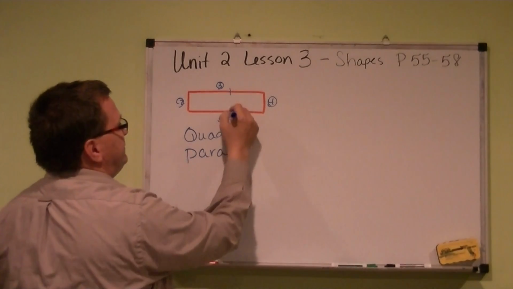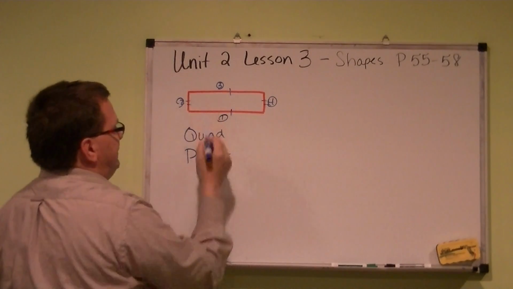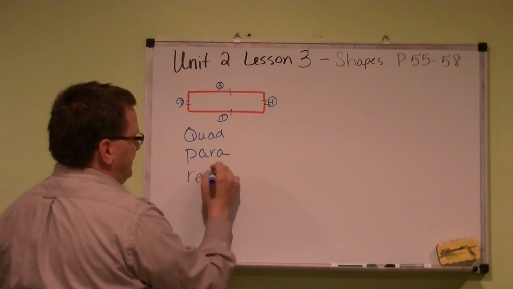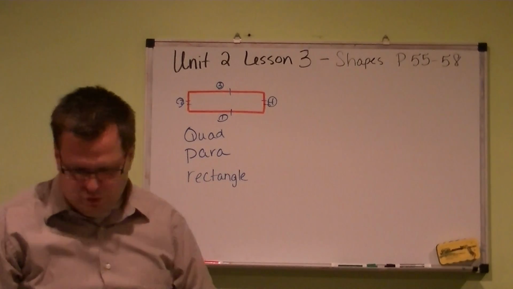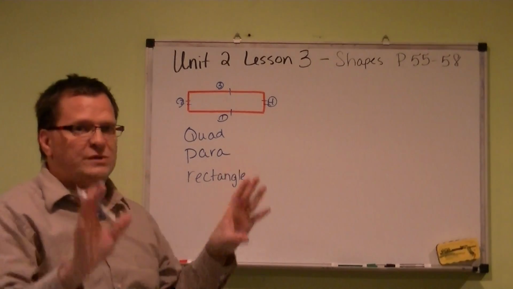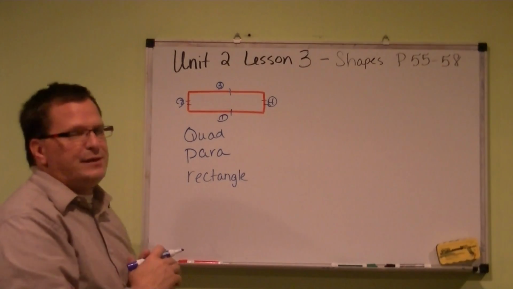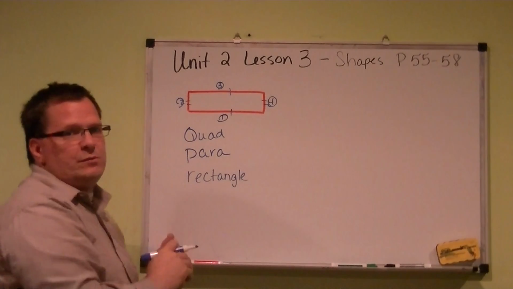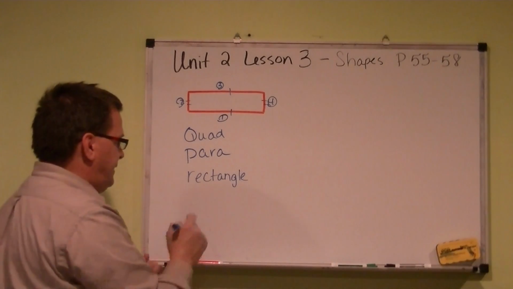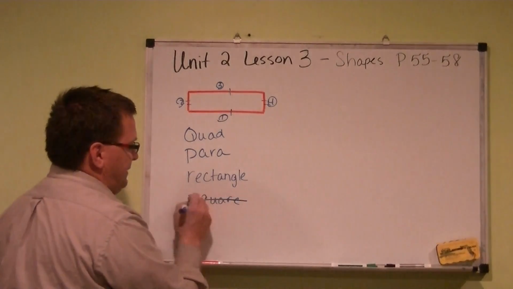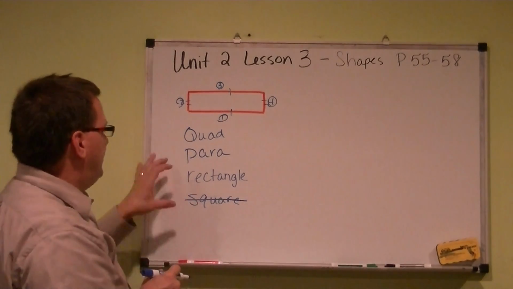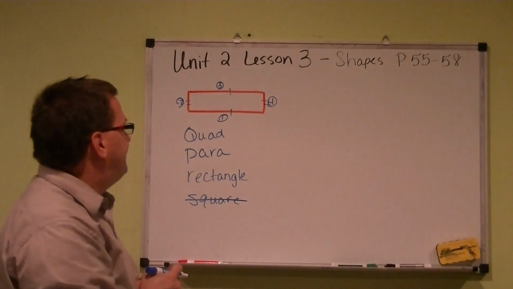So if these two are equal, and these two are equal, then it is a rectangle. Now, is it a square? Square says all four sides are equal in length. These are definitely not equal, so it will not be a square. So the only one that doesn't apply here is a square.